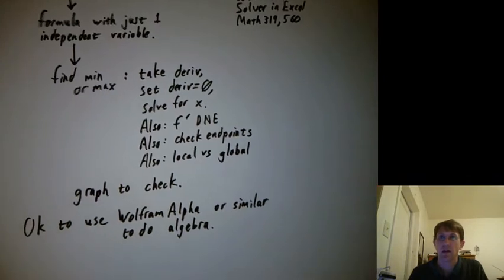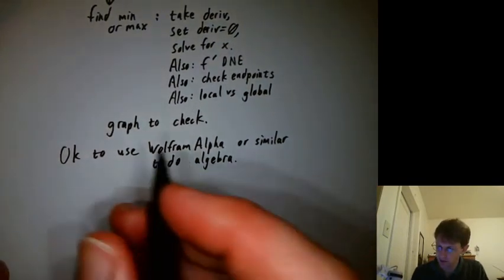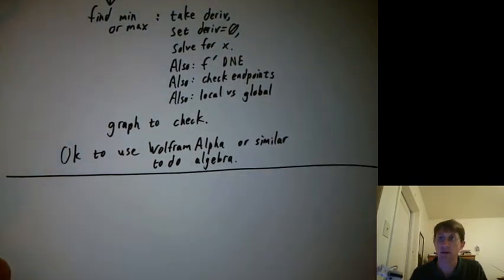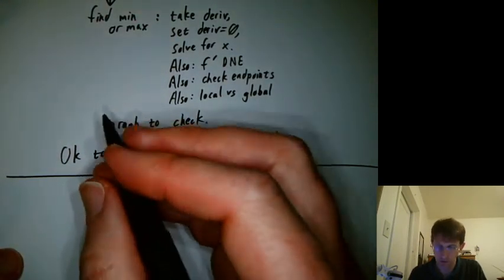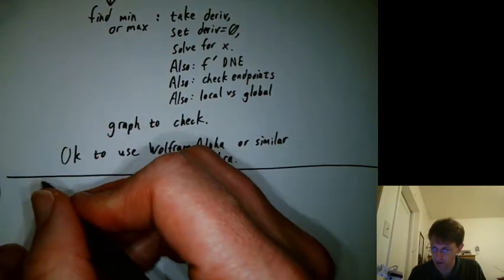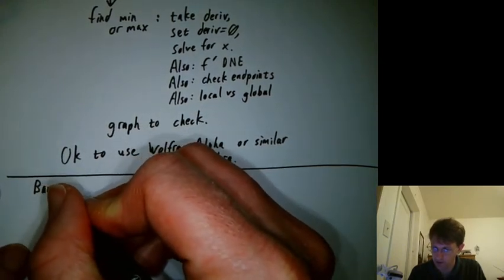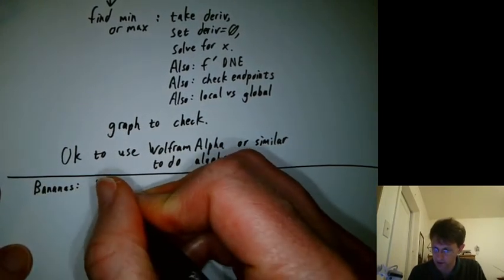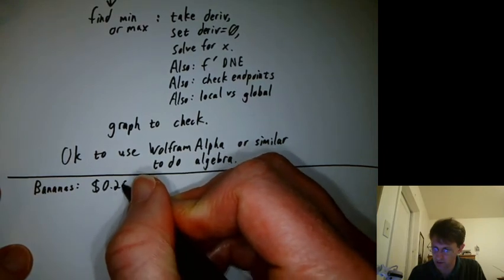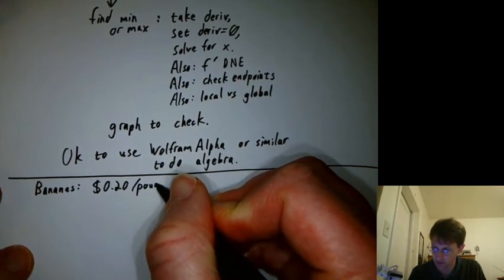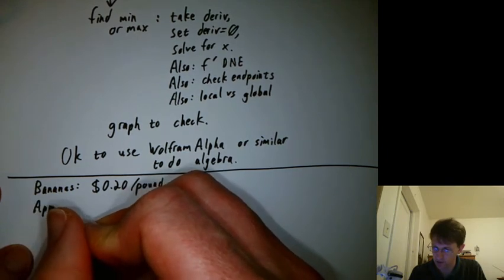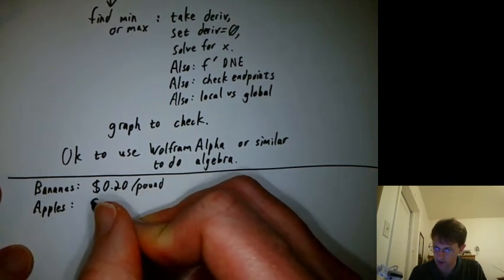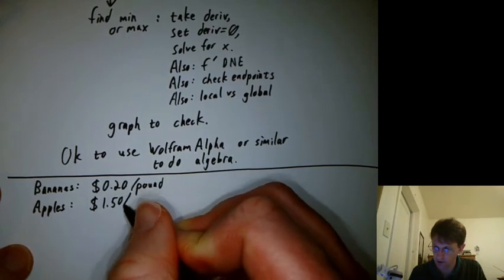All right. And before we get started on the main stuff, there's an accounting thing I want to remind you of. Let's start with something simple like buying fruit from the supermarket. Let's say bananas are 20 cents a pound. And let's say apples are maybe $1.50 a pound.